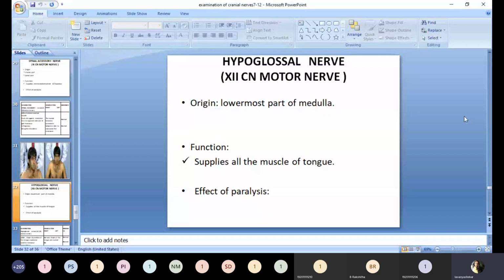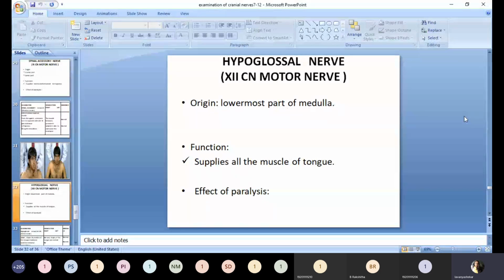So it mainly helps in articulation of the tongue during speech and also in proper mixing of the food with the saliva. If there is a paralysis or any lesion to this hypoglossal nerve, it results in defective articulation and improper mixing of the food.